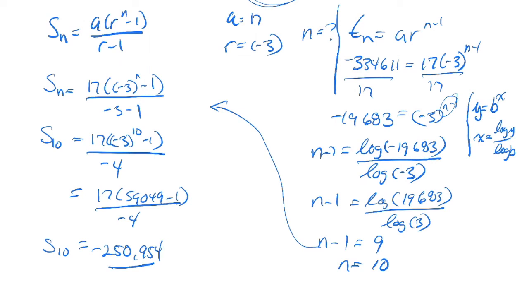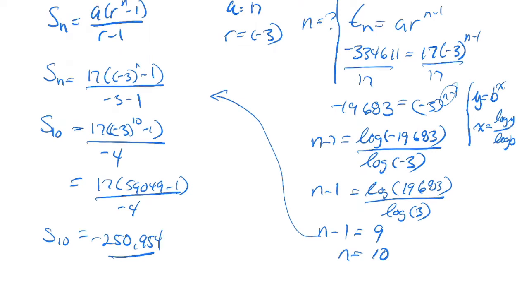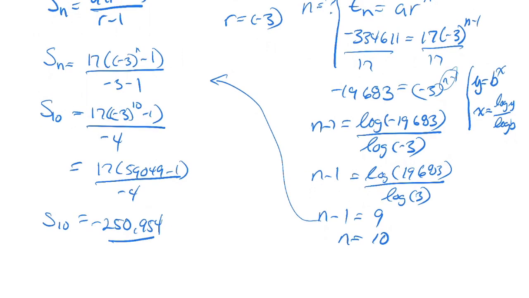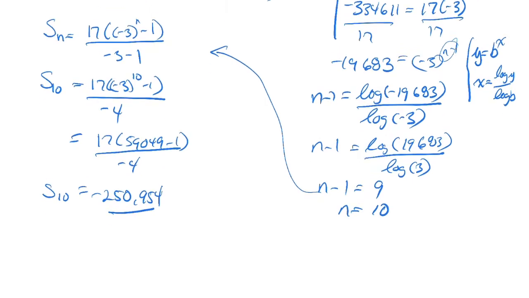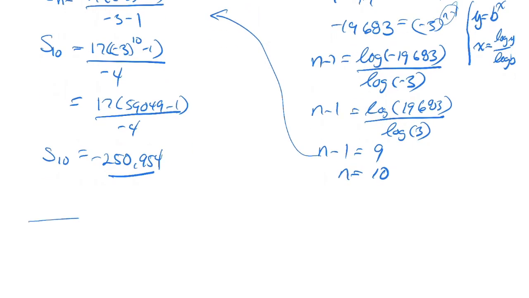Okay, but hopefully you were paying attention. Remember, couldn't we use that other method of taking the next term, subtracting the first term, and dividing by r minus 1? Wow, let's try that.